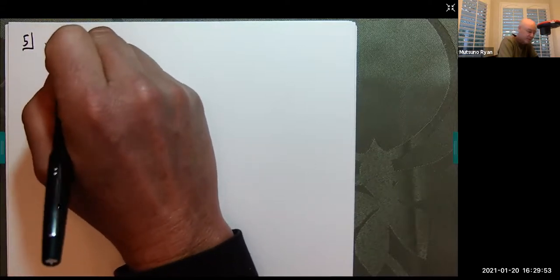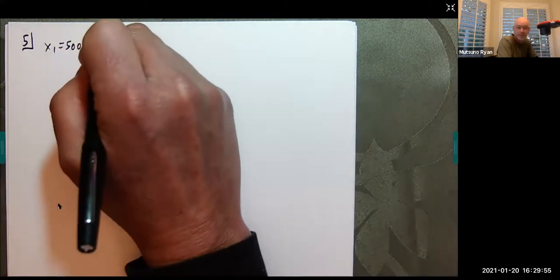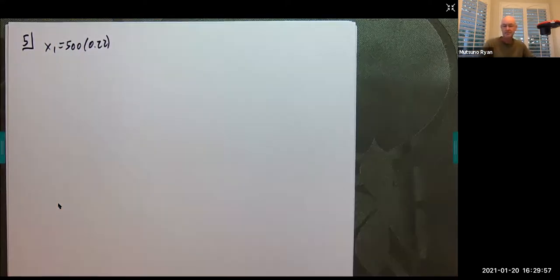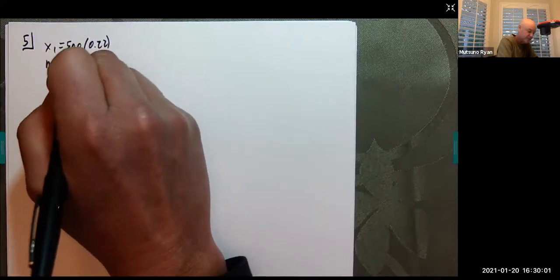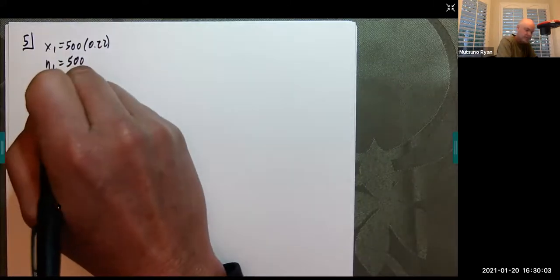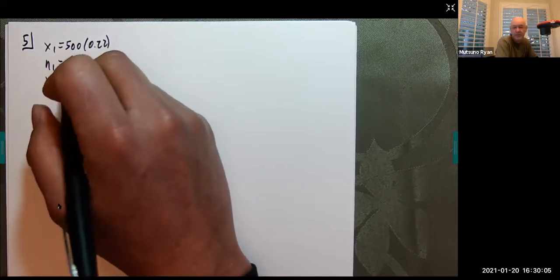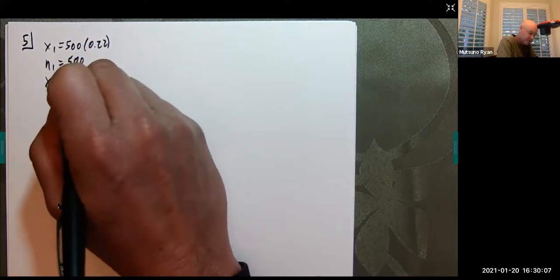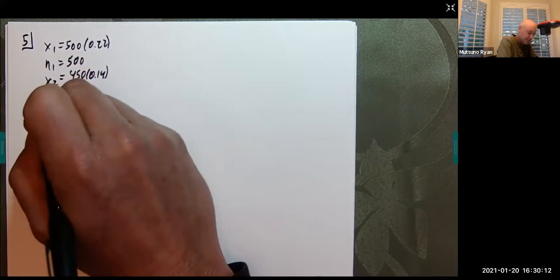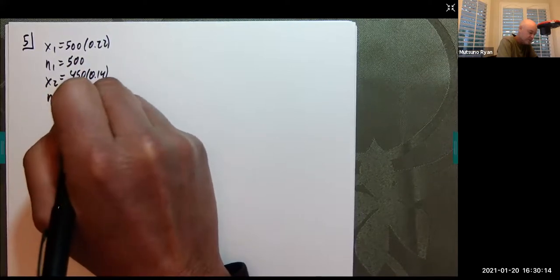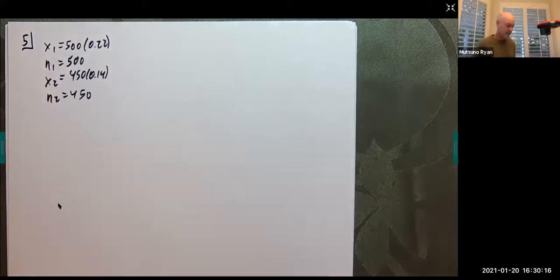So for x sub 1, we need to do 500 times 22%. N sub 1 is 500. X sub 2 is going to be 14% of 450. N sub 2 is 450. And I'll show you a little trick there in just a second.